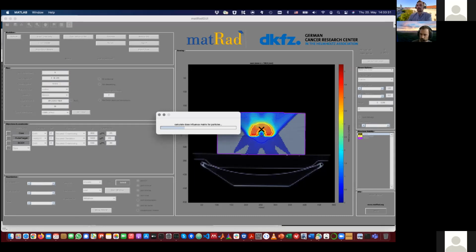And if this now takes a little bit too long on your machine, then you can also think of basically increasing the pixel width here from, I don't know, 5 to 6 or 7. Once this calculation is finished, I will just quickly move over to MATLAB, and will show you those influence structures.